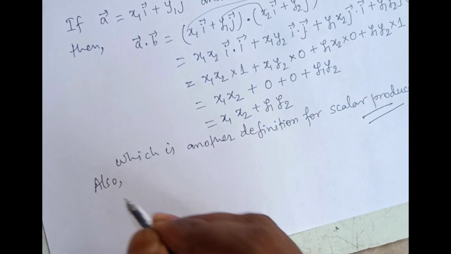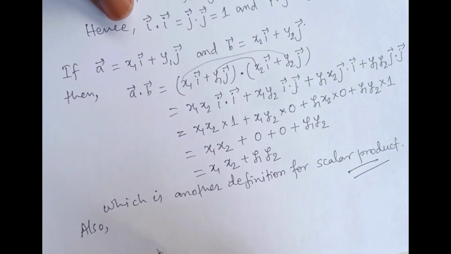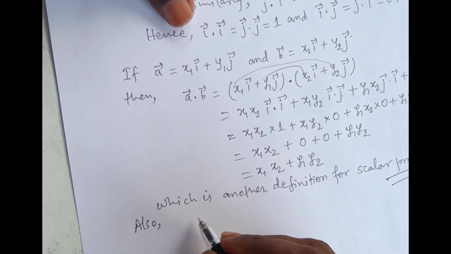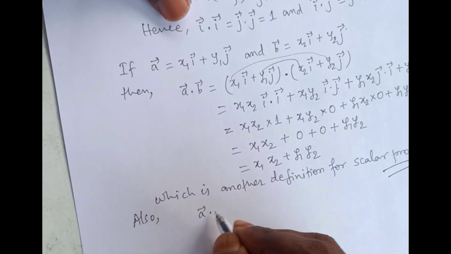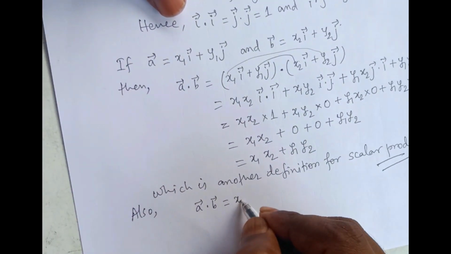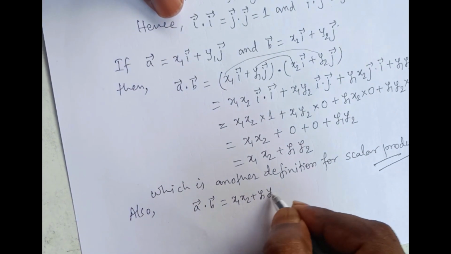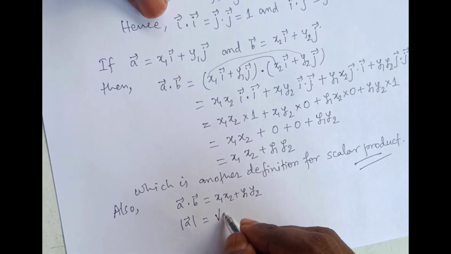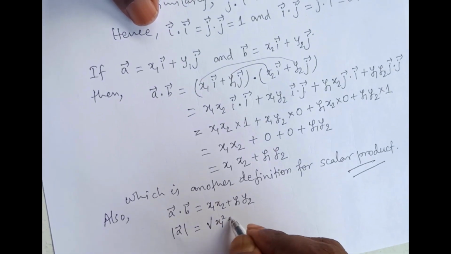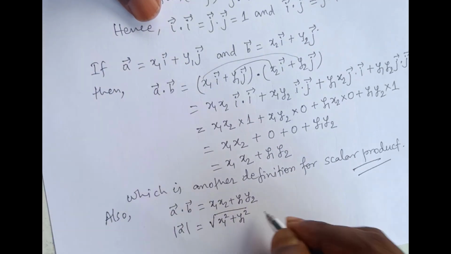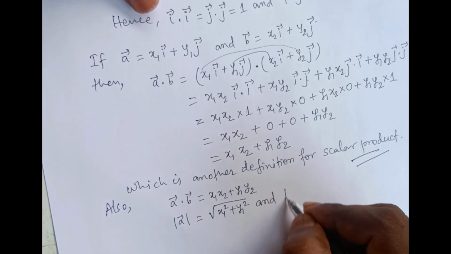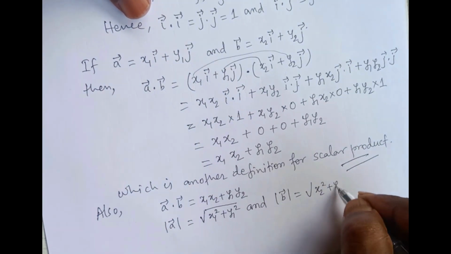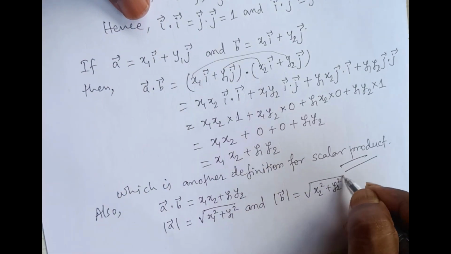Also, let us express the angle in component form. Here a vector dot b vector is equal to x1 x2 plus y1 y2. Modulus of a vector is equal to root over x1 square plus y1 square, and modulus of b vector is equal to root over x2 square plus y2 square.